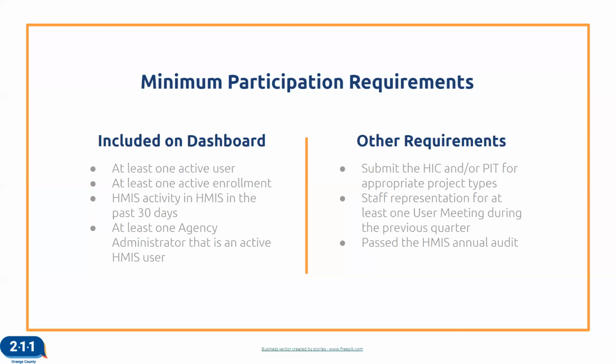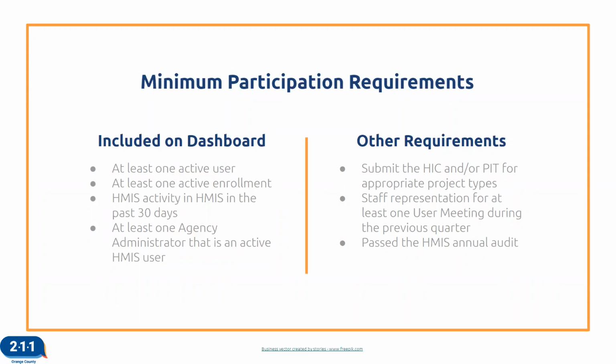Each agency also has to have at least one active agency administrator in HMIS at the time of the review. And then a few other requirements for the agencies. Agencies with housing projects are required to participate in the HIC and sheltered PIT as appropriate for whatever project types they have.